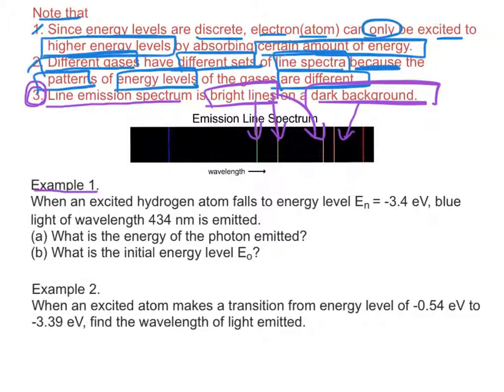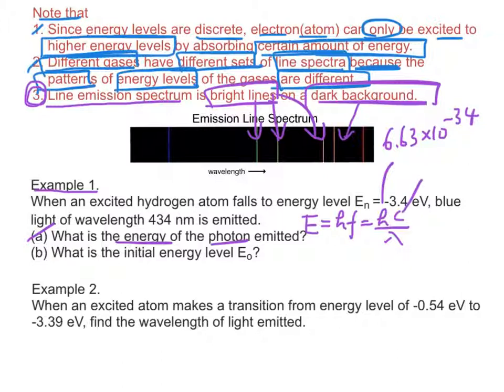Example 1. The energy of the photon emitted E equal to hf equal to hc over lambda. h is 6.63 times 10 to the power negative 34. c is 3 times 10 to the power 8. Lambda is 434 times 10 to the power negative 9.